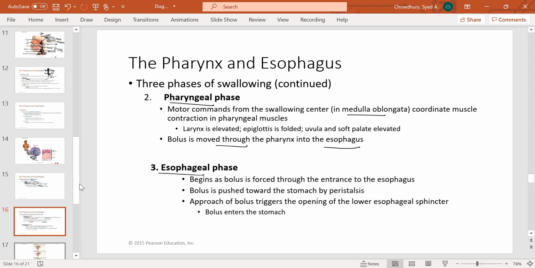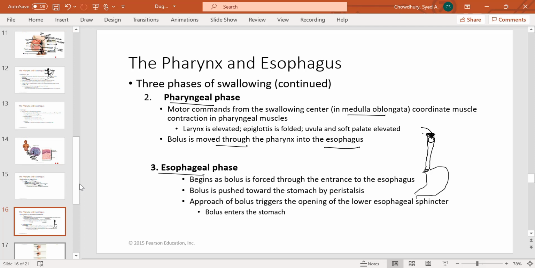Begins as bolus is forced through the entrance to the esophagus. So you remember I showed you the esophagus is a long, flat, narrow tube, and it has two sphincters, upper and lower, and this is the stomach, right? So the upper esophageal sphincter, lower esophageal sphincter. Once the food bolus enters into the esophagus, then upper esophageal sphincter will get constricted.